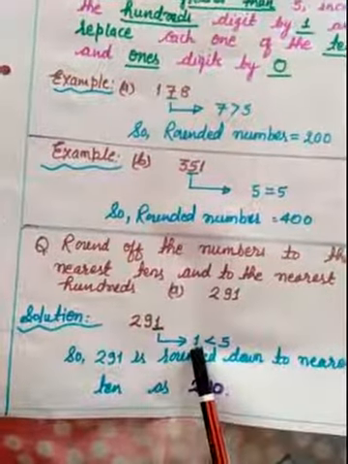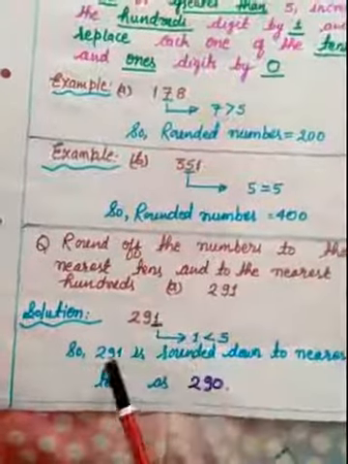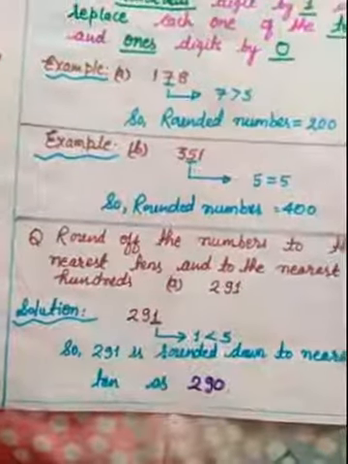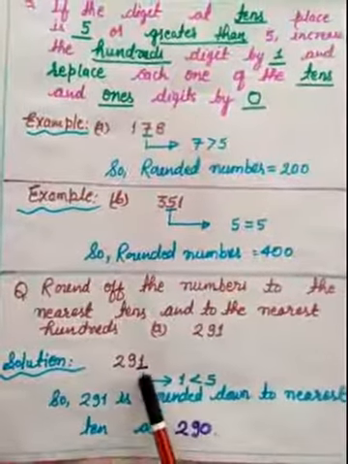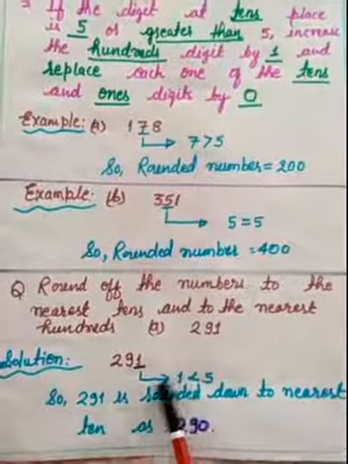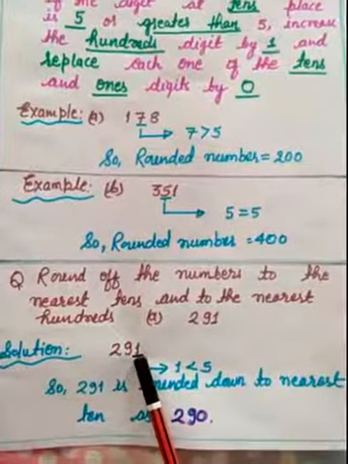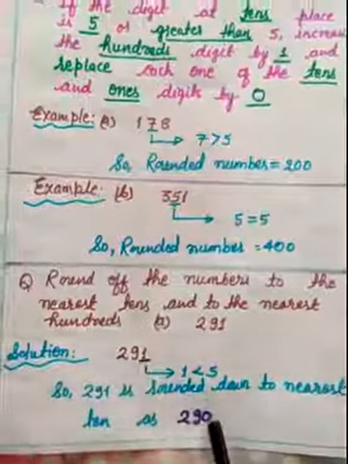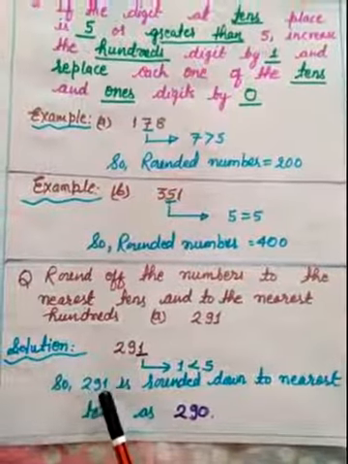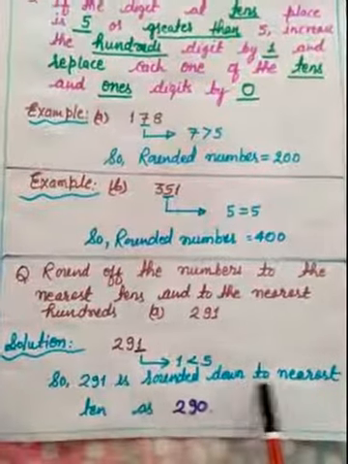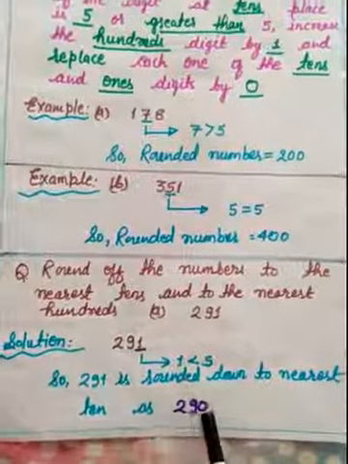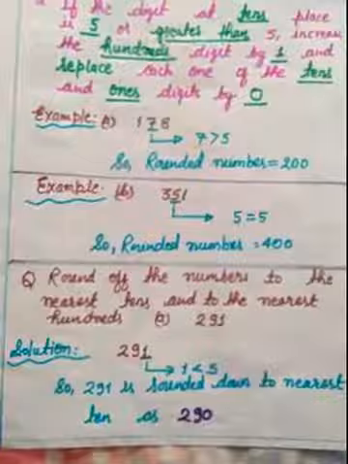So we round down: the tens digit will not change, and the ones place digit is replaced by 0. So 291 is rounded down to the nearest 10 as 290.